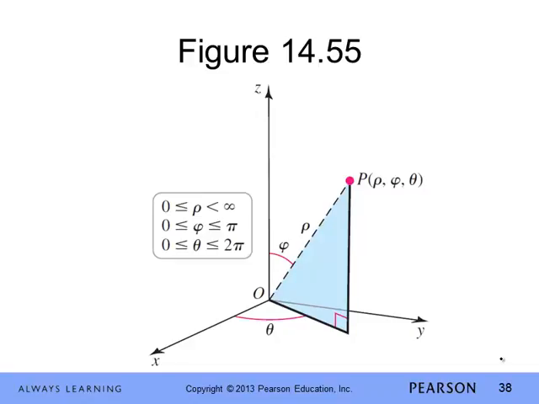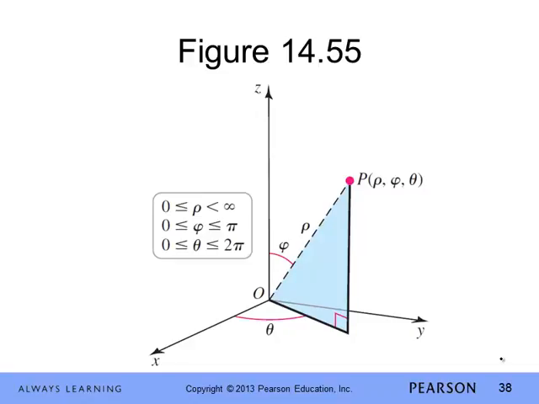So theta, you already know. Rho, you can understand as the 3-dimensional distance as the crow flies between the origin and the point. And then phi is that angle there, which is a little bit exotic at first.